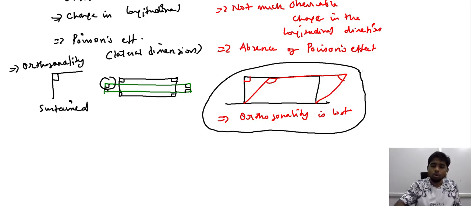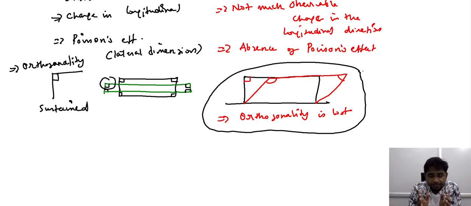Owing to the response during the shear deformation, we cannot adapt our conventional description for the strain. We cannot use the dimensional change that we observe along the loading direction or perpendicular to the loading direction to describe the response offered by the material under the shear loading condition.